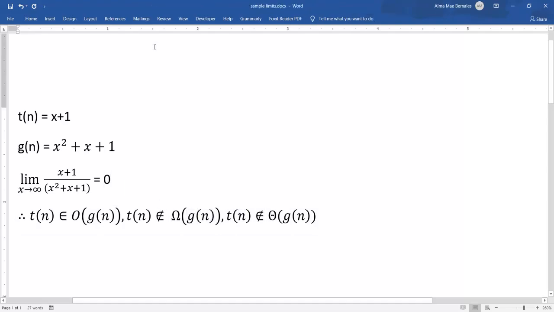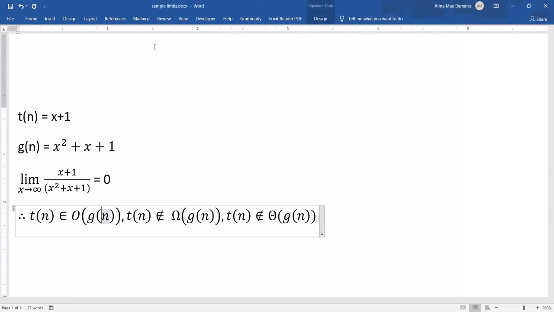Since the result of our limit as x approaches infinity is, okay, let's have x here, since we are using the variable x.